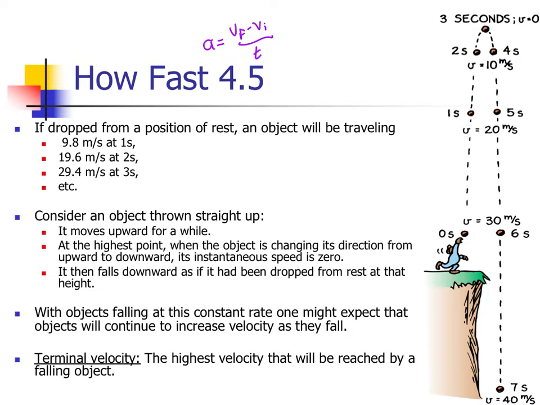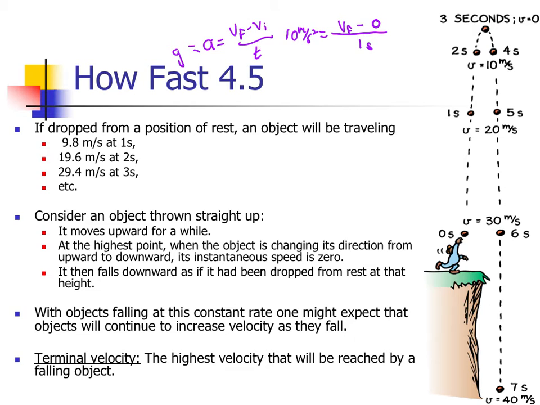If we have it at rest, that means the initial velocity is 0, and we are going to look for the final velocity. The time interval is 1 second, and our acceleration, because acceleration is also due to gravity, we can say is 10 meters per second squared.